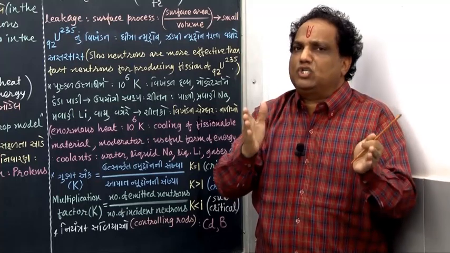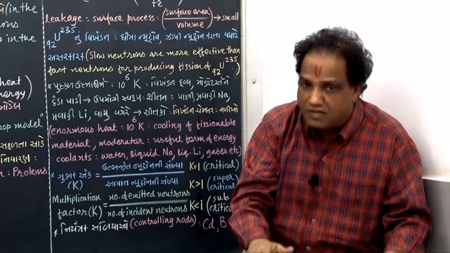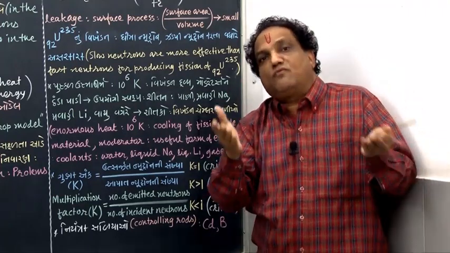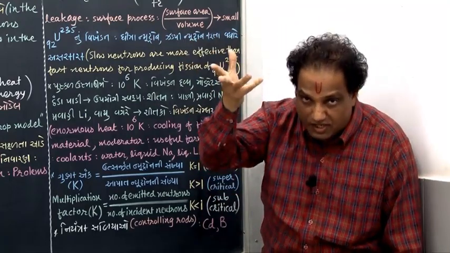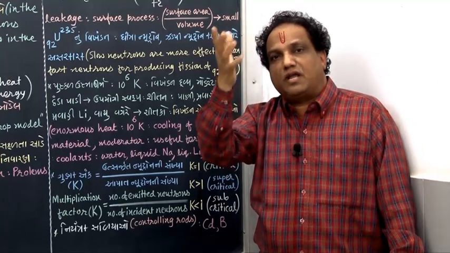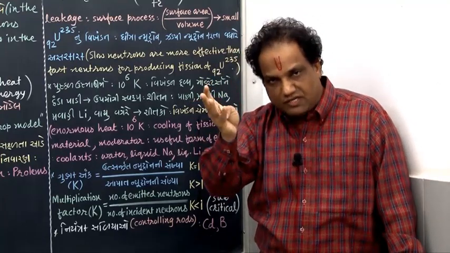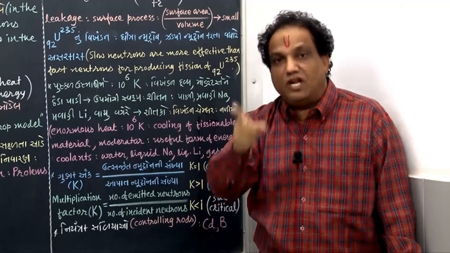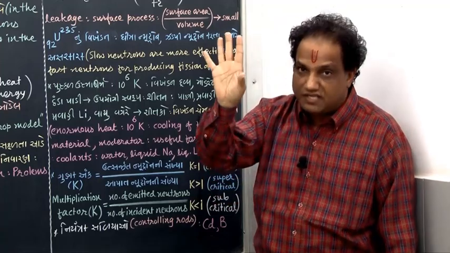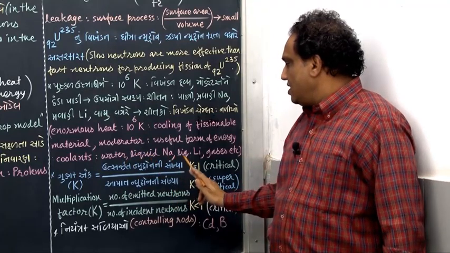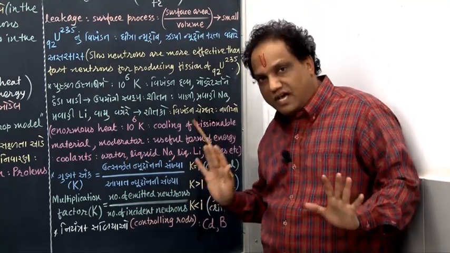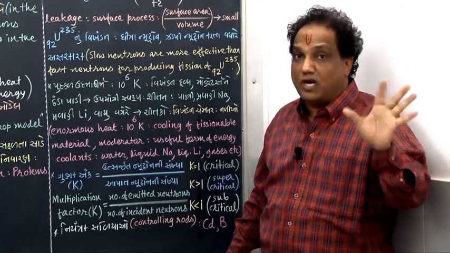That is how they do the job of cooling down the chamber. Because they do the job of cooling, we call them coolants. Good coolants are made from water, liquid sodium, liquid lithium and gases.